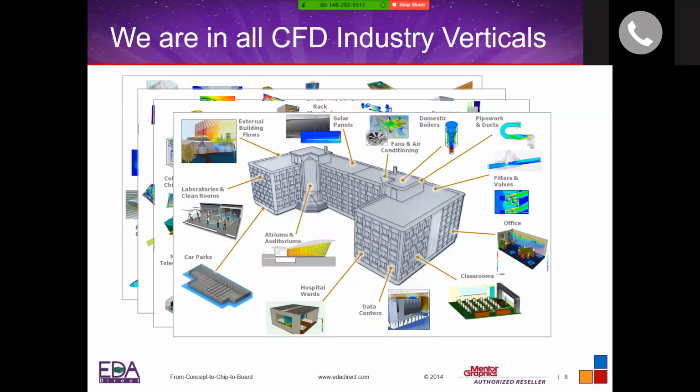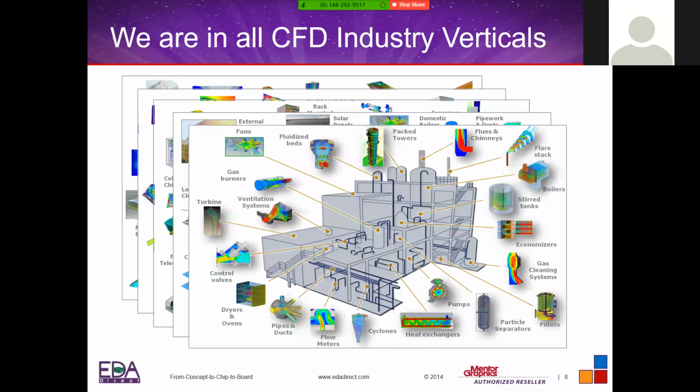And then even for building structures, there are different types of thermal analysis, such as AC cooling for a room. For a factory, you definitely have pumps, valves, and electronic controls.